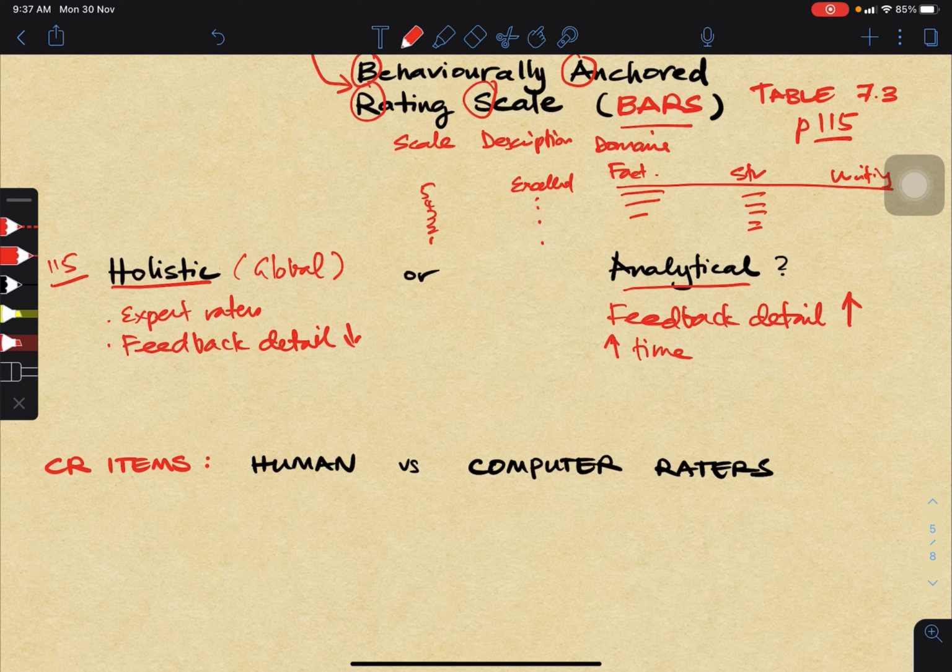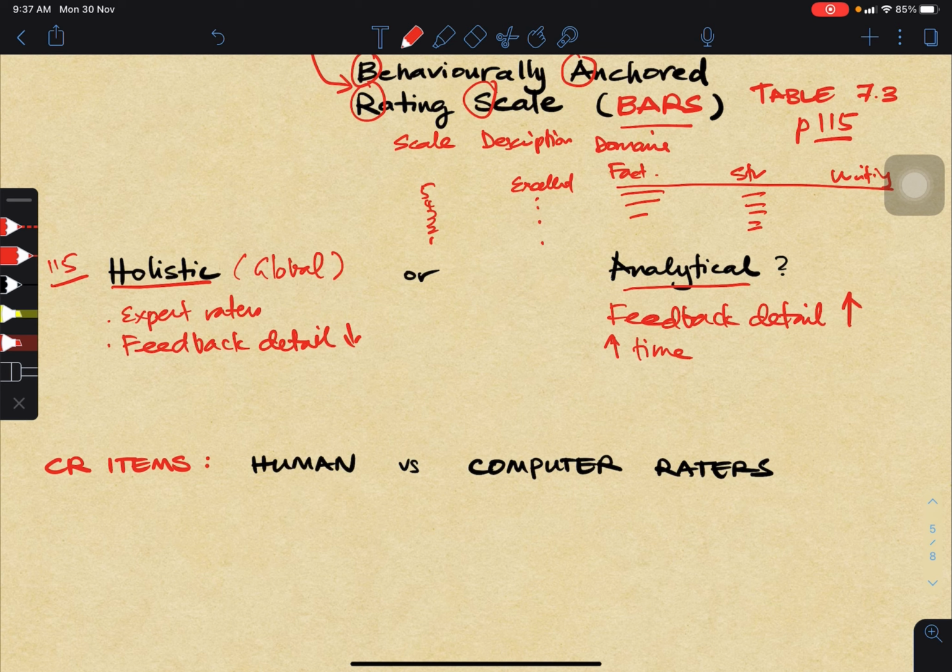It says here, analytic scoring methods may permit feedback to test takers on more specific aspects of performance. However, you need more time, and also it says here, many of the separate characteristics rated in analytic methods may correlate highly with each other.